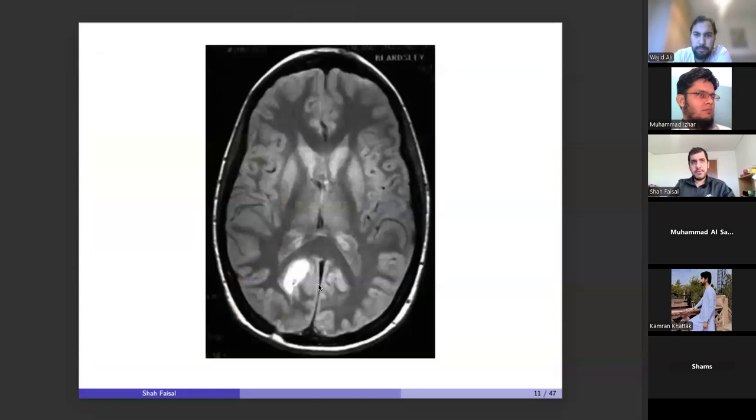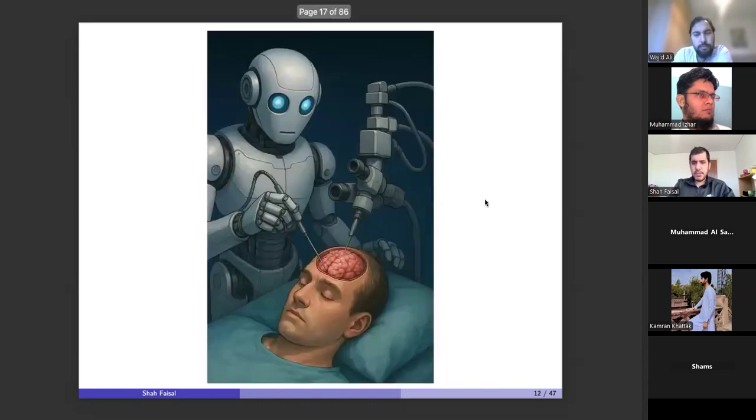Another example you can take is a picture of a brain tumor, this white place. And to remove this kind of tumor requires surgery. It's a very sensitive surgery, and so you need high precision in this kind of surgery.